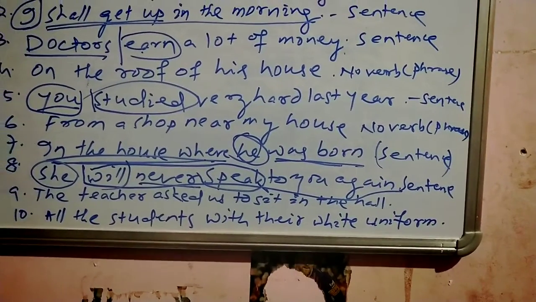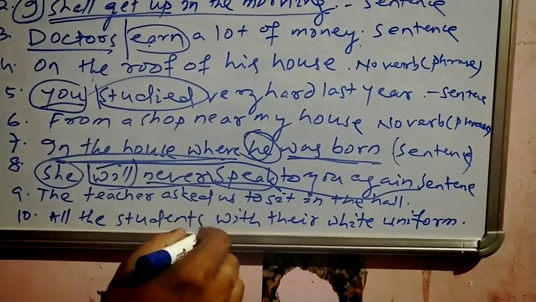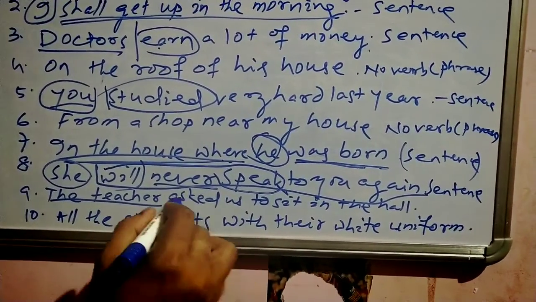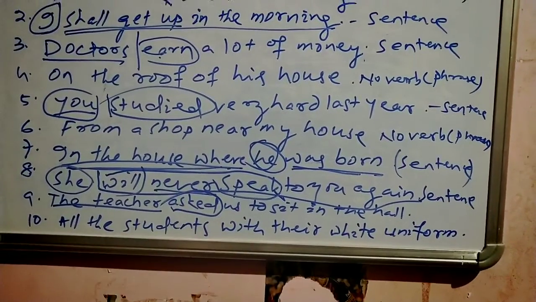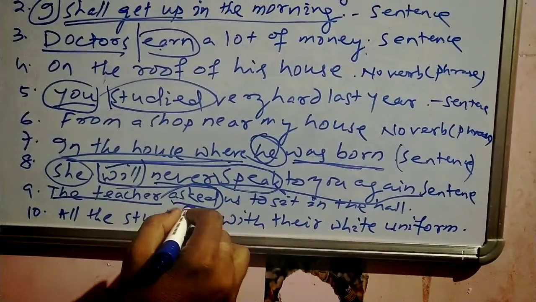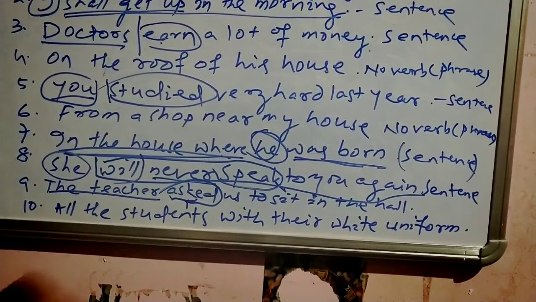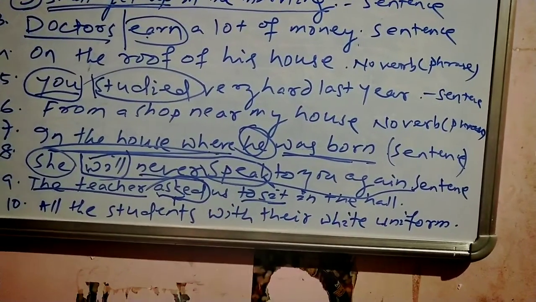And question number 9: "The teacher asked us to sit in the hall." "The teacher" is the subject part, and "asked" is the finite verb, because it agrees with the subject, and "to sit" is the non-finite verb.